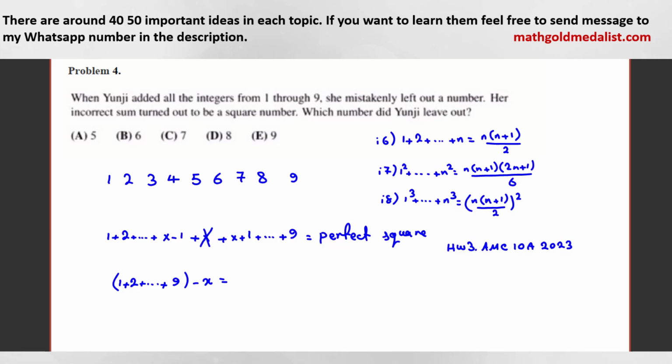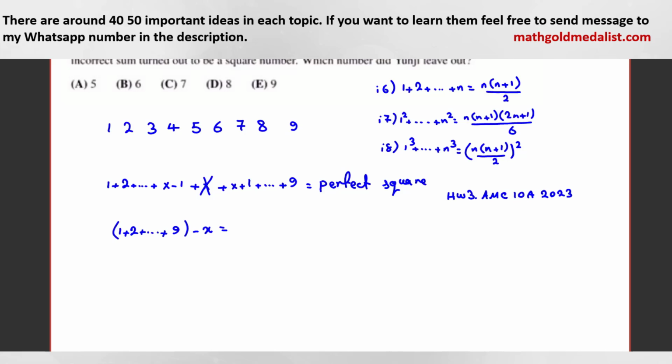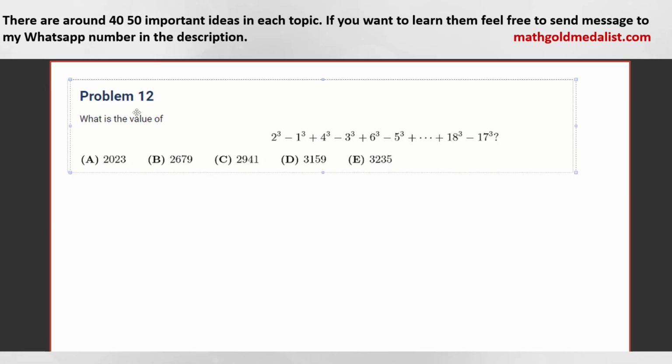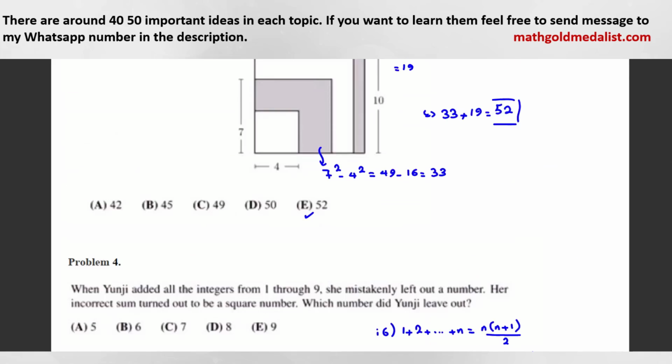Exact problem is, let me paste it. Let me open the page, okay. So you can solve this one. It is AMC 12, 2023. It is similar to the previous one. You should know how to work with identities.